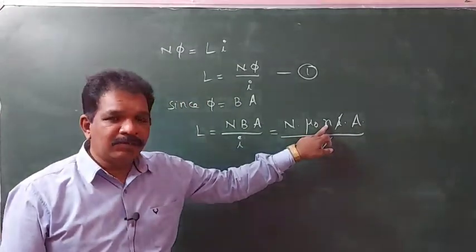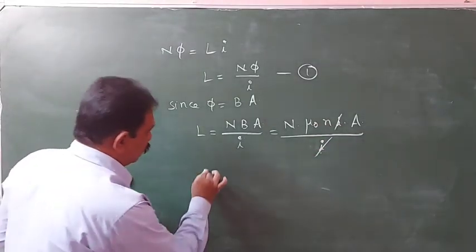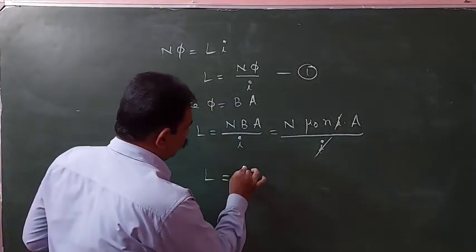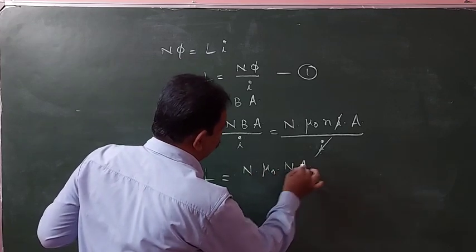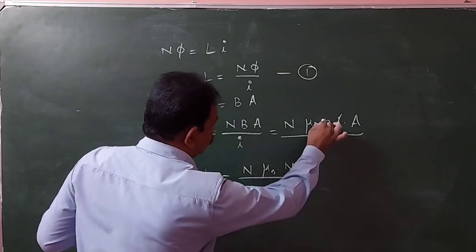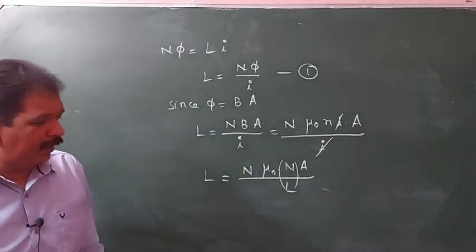This small n means capital N by L. So L is equal to N mu naught N A by L. In place of n we are writing capital N by L.